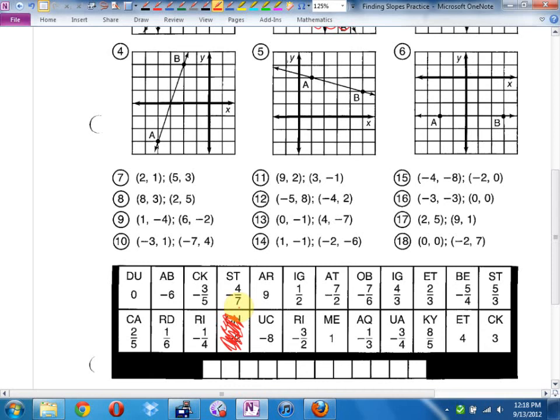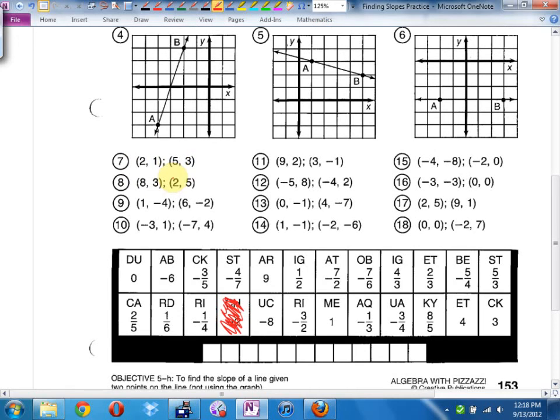Let's look at these ones here where they gave you a point. Let's do, how about number 11? Over here in the margin, I'd like you to write the slope equation, which was y2 minus y1 over x2 minus x1. Now, if you need to write this out and show your work, great.